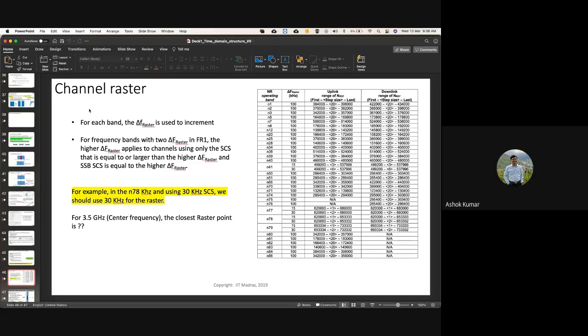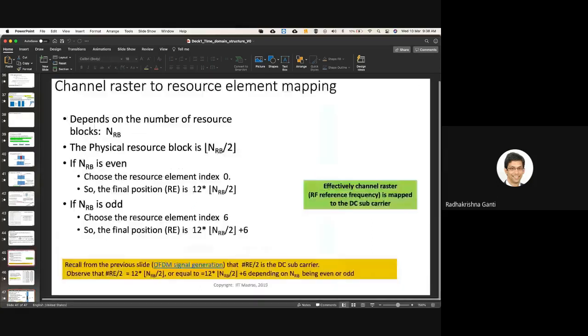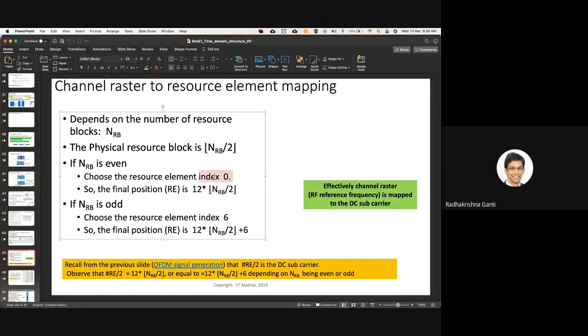So will it always be the center of that RB, coming after the sixth subcarrier of that RB? Yes, always the center of the RB will be the thing. So that's why I gave you this. If NRB is even, the zeroth resource element will be taken. If NRB is odd, then in that NRB by 2, the sixth resource element index will be taken.